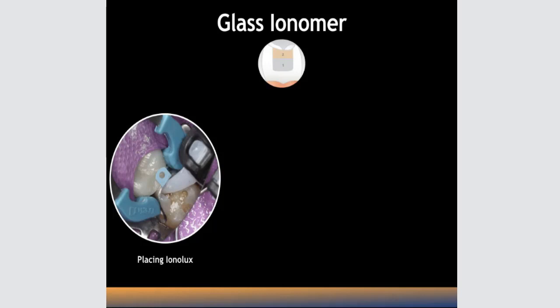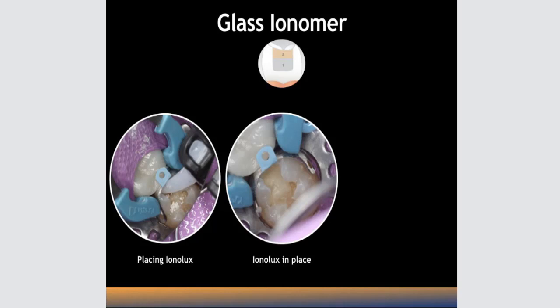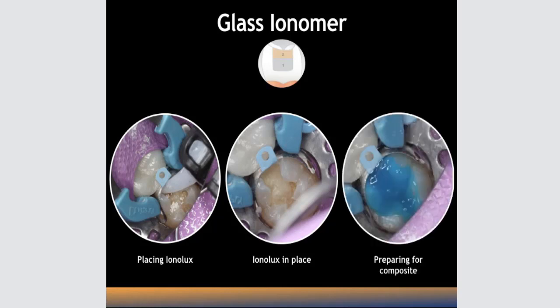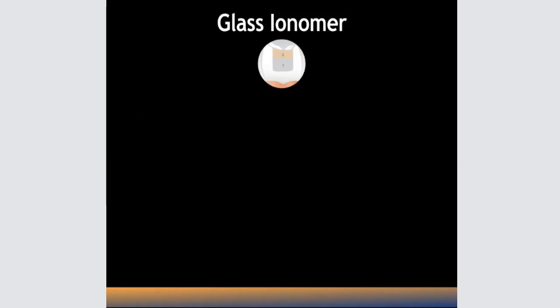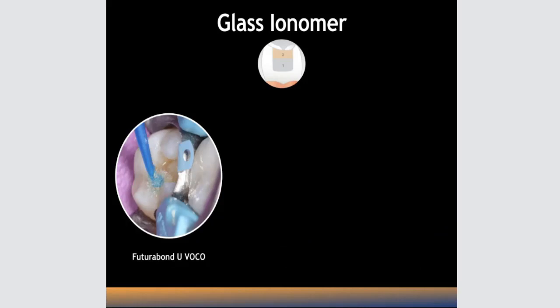Because it's a glass ionomer, I don't need any adhesive at this point. I can just put it in, and then I can shape it. Now the glass ionomer's in, so I filled the box. Now what I'm going to do is put my adhesive in just like I would for a regular filling. At this point, I'm going to prepare it for the composite on top.